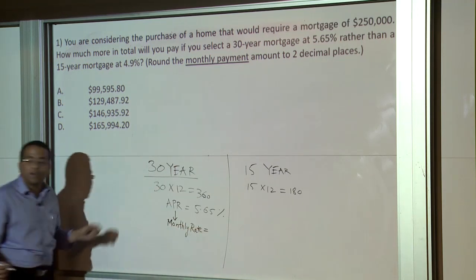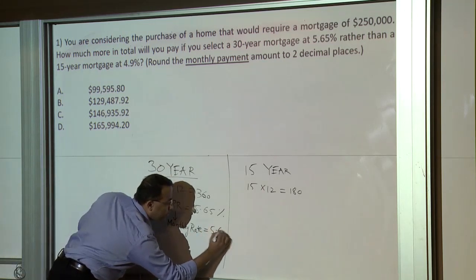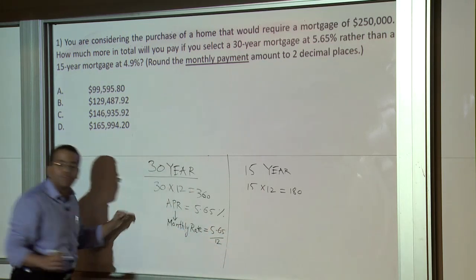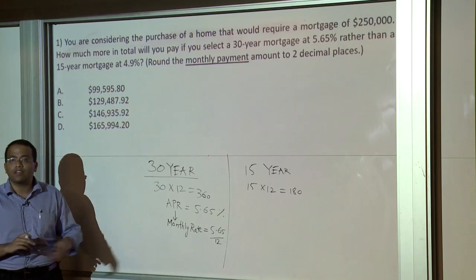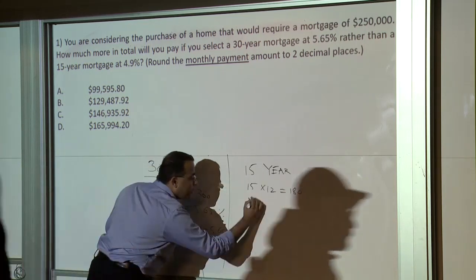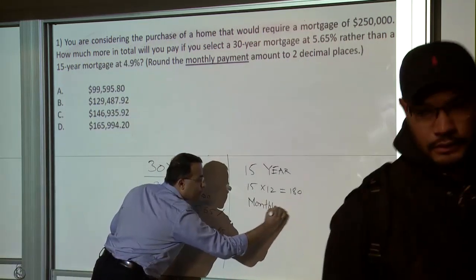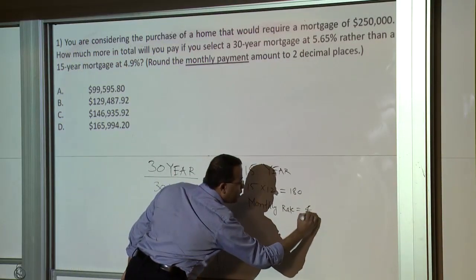So what's the monthly rate going to be? It's going to be 5.65 divided by 12, because there are 12 months in a year. So that's an important thing. Similarly, here the monthly rate is going to be 4.9 divided by 12.